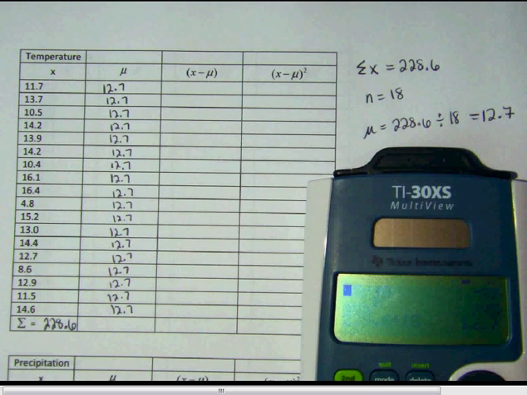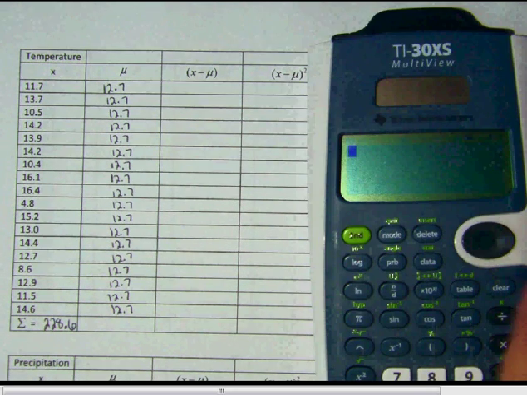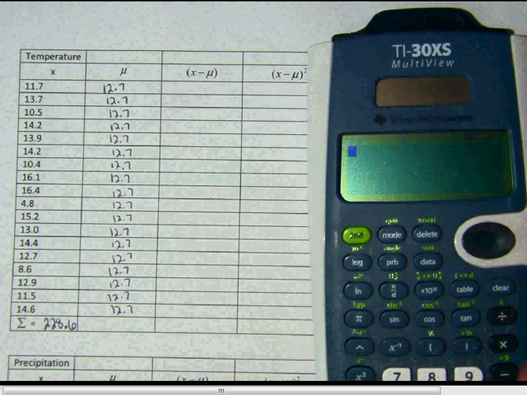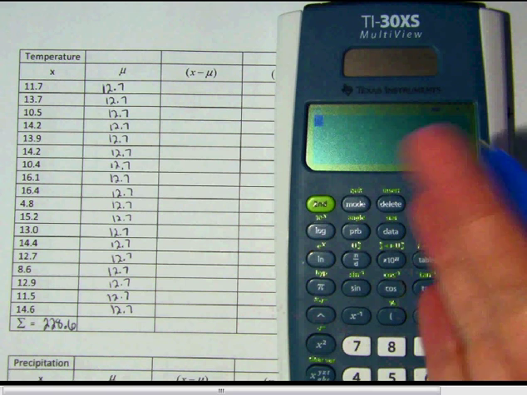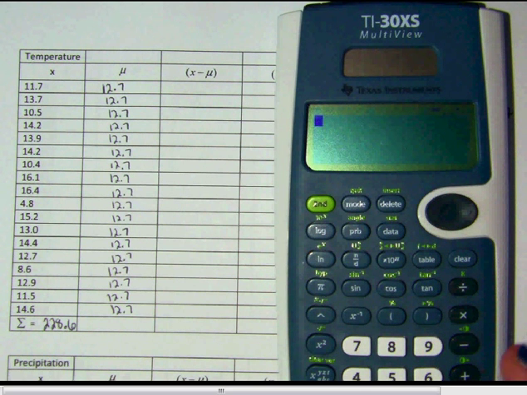Now, if you have a graphing calculator, or you can download the Desmos calculator app, or even a scientific calculator, I take the 11.7 and I subtract the 12.7. That gives me -1.